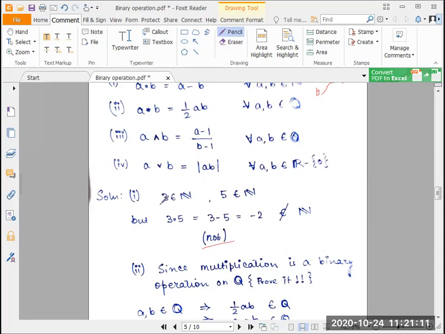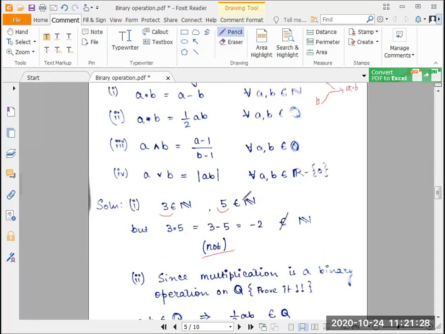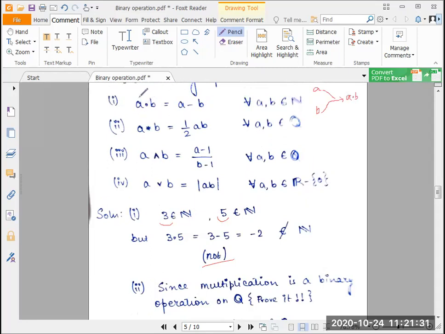So we take two elements, 3 and 5, which are obviously elements of the set of natural numbers, since we can count 3 and 5, and they are both positive integers. Now we perform this binary operation on these two elements.